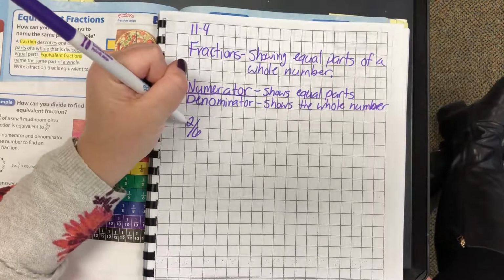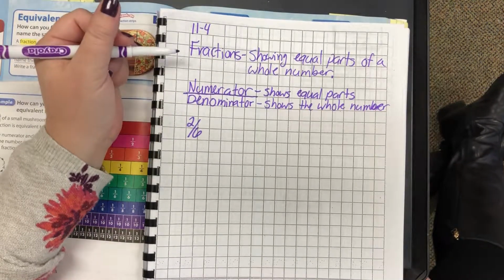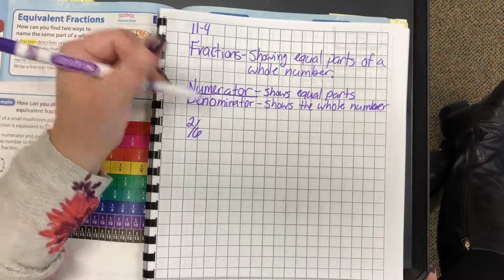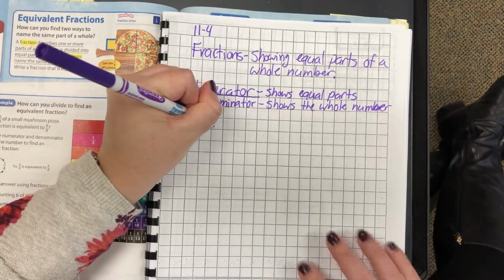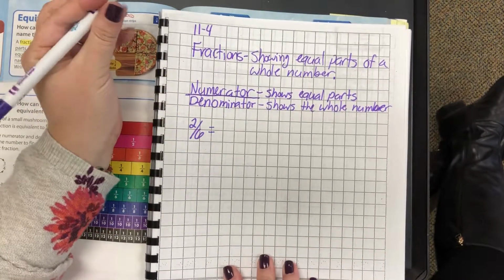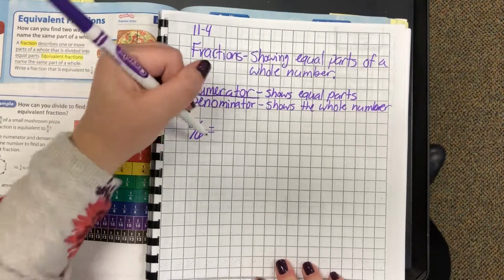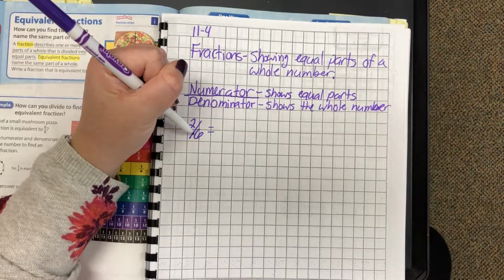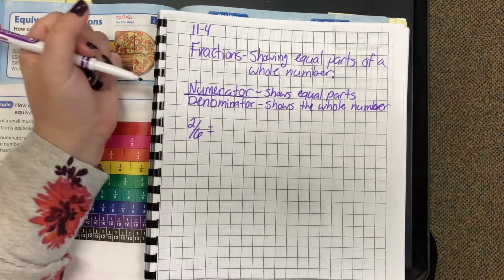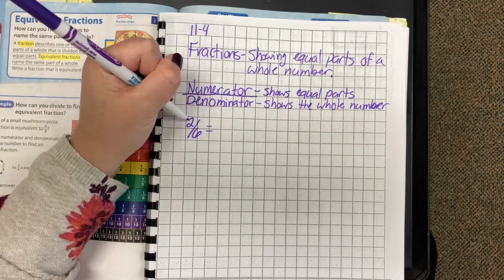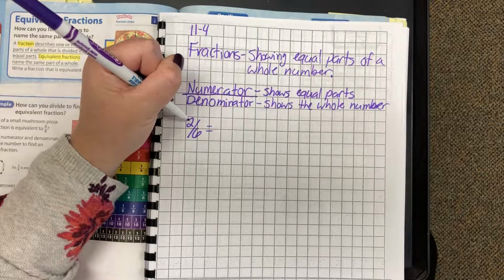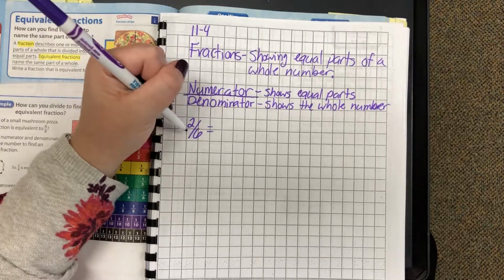So if I were to look at this fraction and go, well, can I make this fraction smaller? My answer would be yes. If I were to make this fraction smaller, what could I do? Well, 6 can be divided by 2. 6 has a factor of 2 and a factor of 3. 2 also has a factor of 2, but not a factor of 3. They both have to share the same factor.